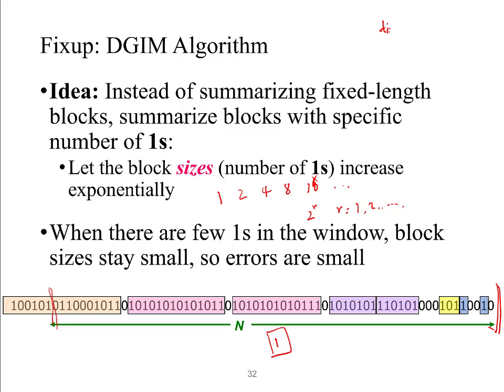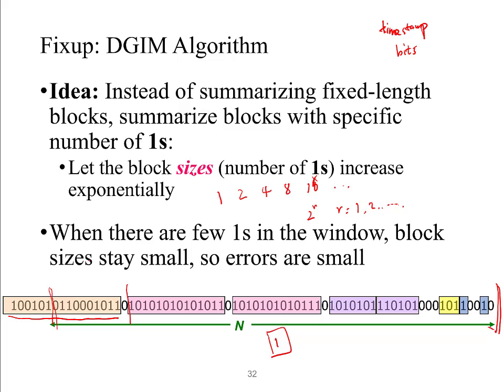One is a time step, and the other is the bits. For the time step, we need to know when we can throw away these buckets or blocks. For example, if we know that the leftmost side of the current window is here, we can throw this block away, right?